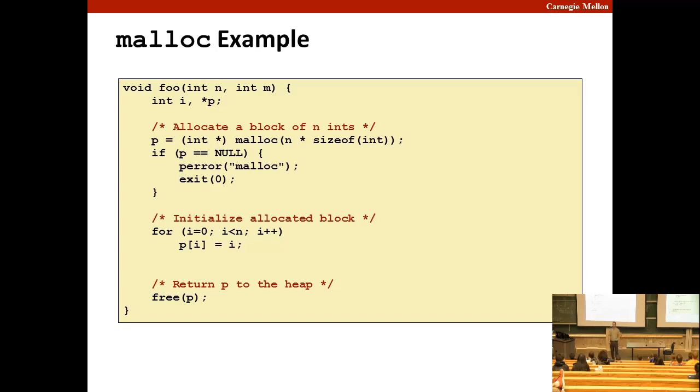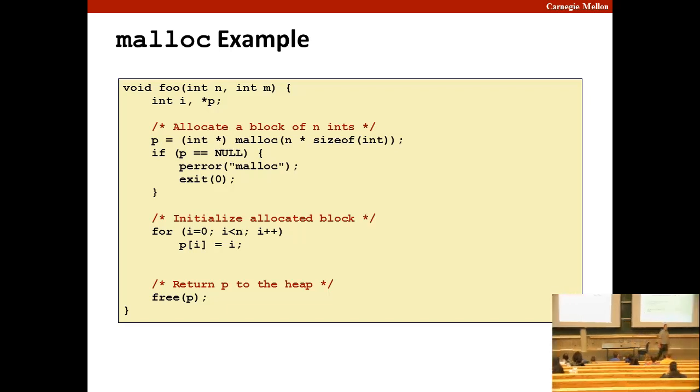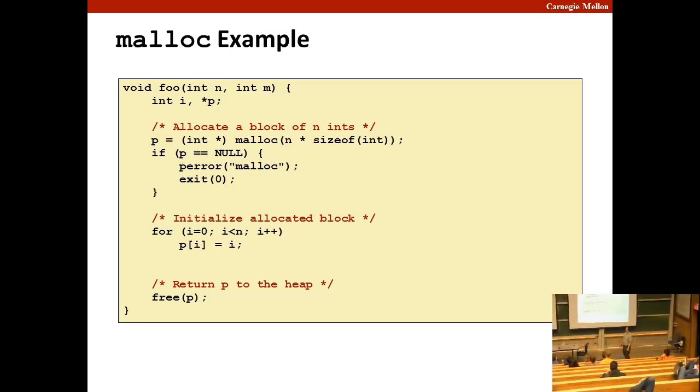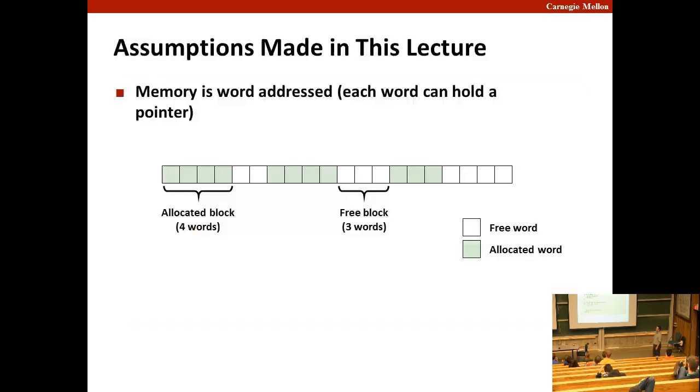You can read a long discussion on various internet news groups as to whether or not you should do that cast. There are advantages and disadvantages in terms of what would give you better information in the event of an error. And that's sort of that. At the end, p is the pointer returned by malloc. I can pass p into free in order to free it.